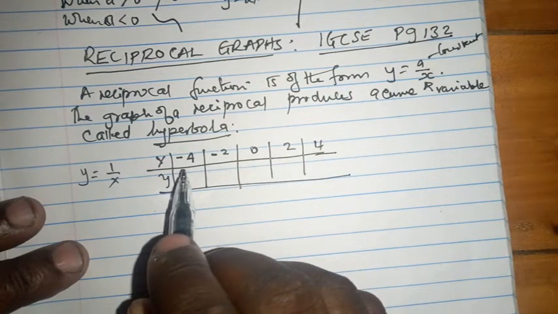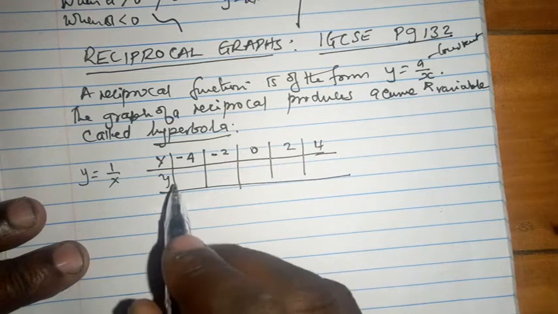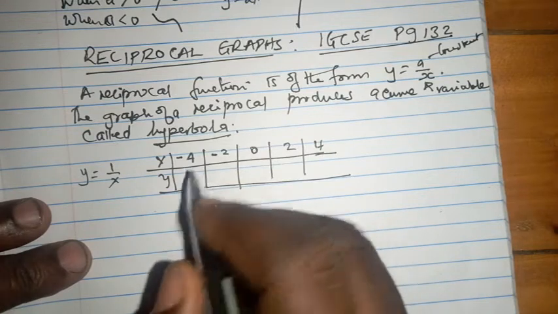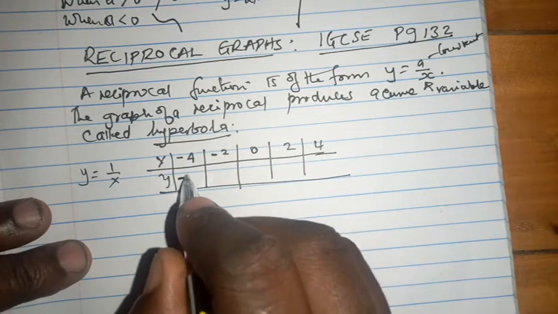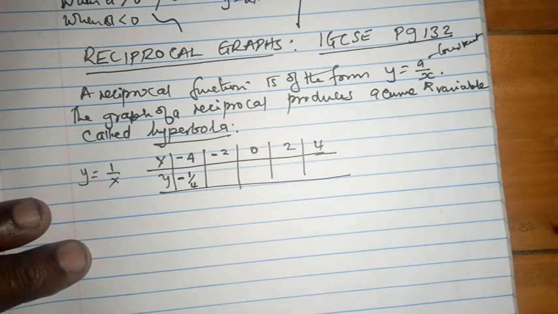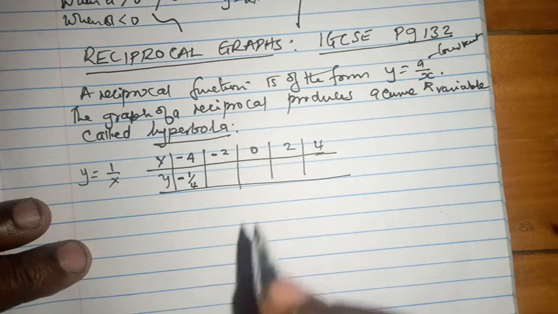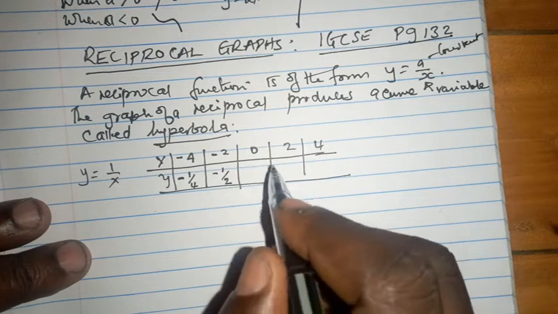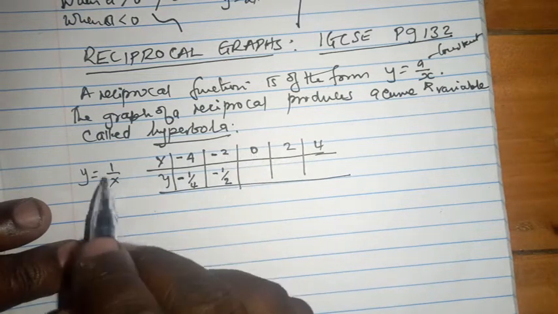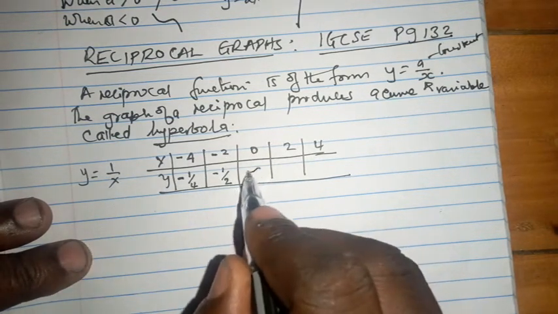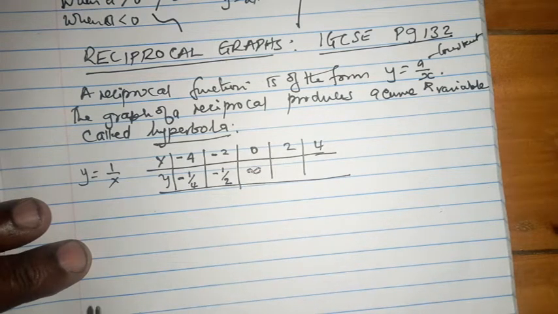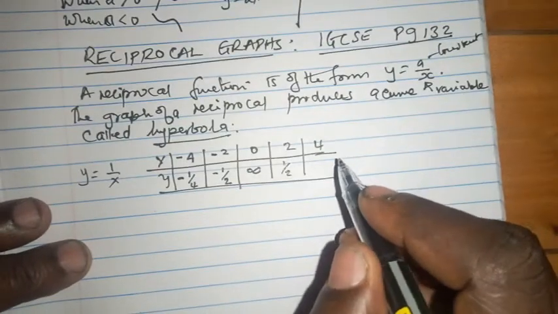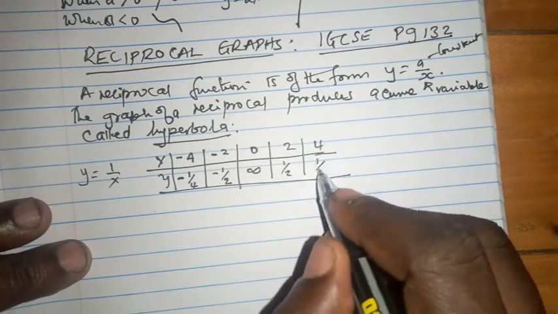When x is minus 4, y becomes 1 over minus 4, which is minus a quarter. When x is minus 2, it becomes minus a half. When x is 0, 1 over 0 becomes infinity, not known. Then we have a half there, and a quarter there.